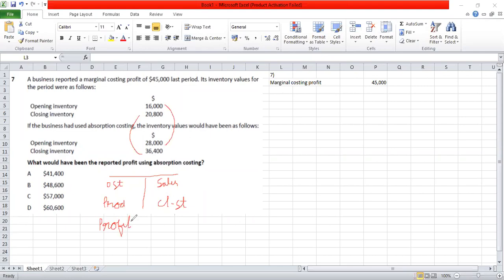So now we are starting with the profit as per marginal costing. What did they do according to marginal costing?